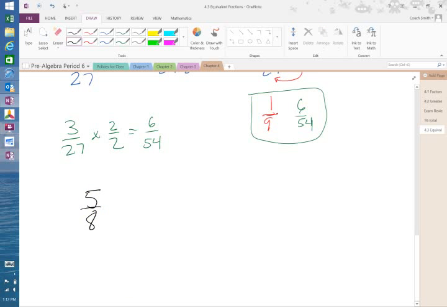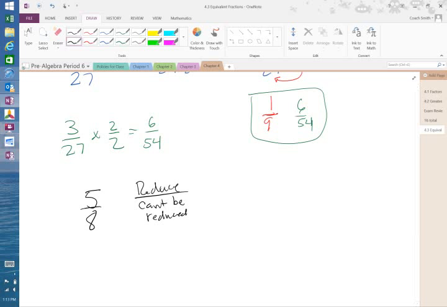The fraction 5/8. Is there any common factors between 5 and 8 besides 1? No. Okay, so it can't be reduced.